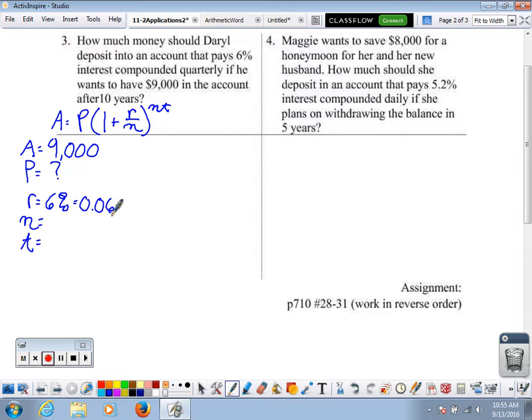What about N? N is the compounding period per year. If it's compounded quarterly, what did you say, Jordan? 4. And what's T? 10 years. So we'll take all those pieces and sub them into the formula.